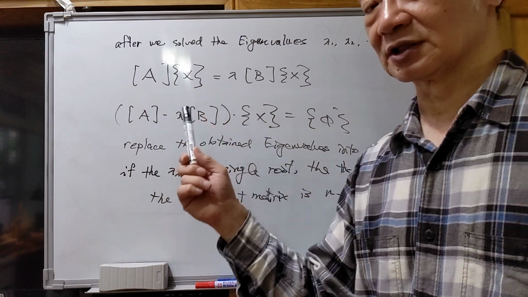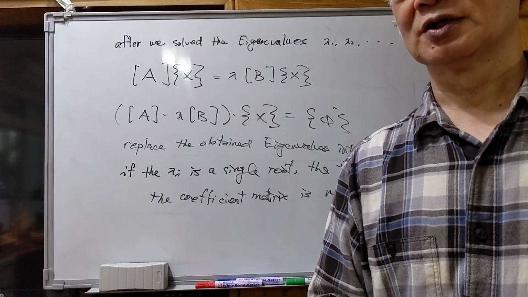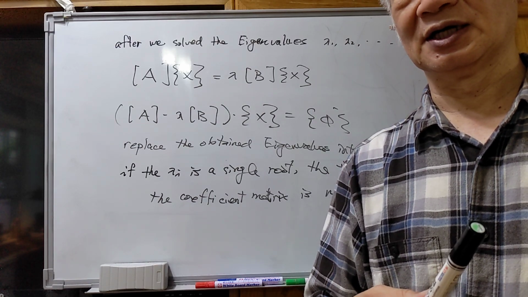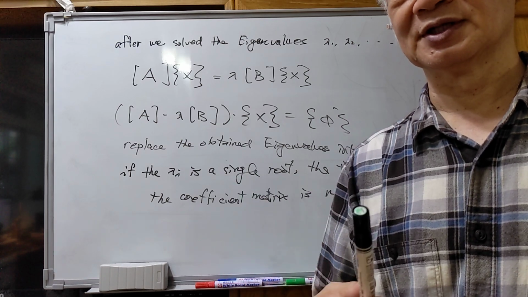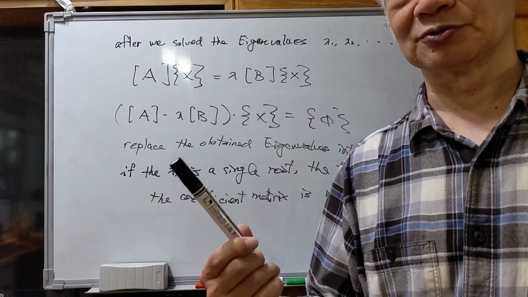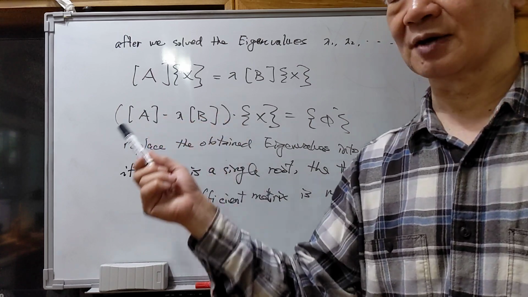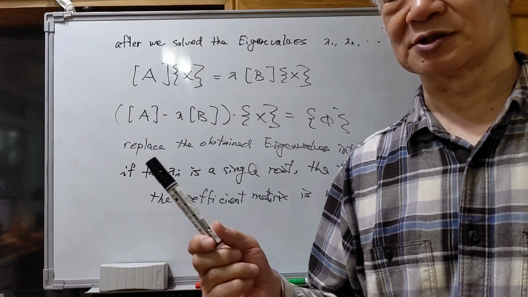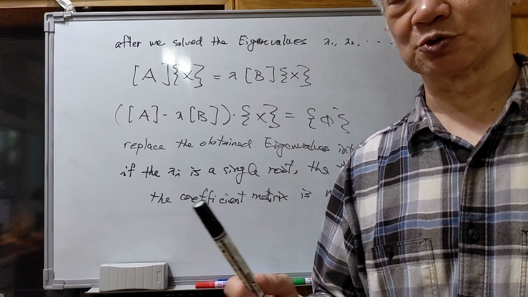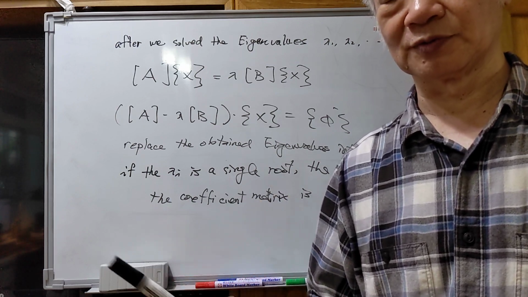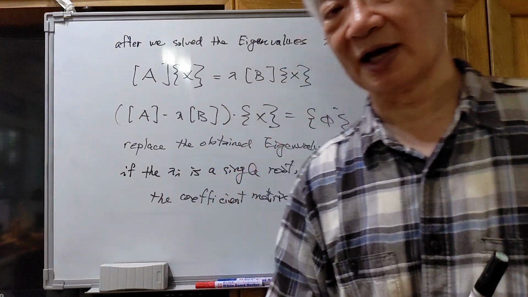So if we got a double root, we can always find two independent eigenvectors corresponding to the same eigenvalue. If the rank of the A minus lambda I B matrix is n minus 2, then the dimension of the solution vector space is equal to 2. So we can find two independent eigenvectors.